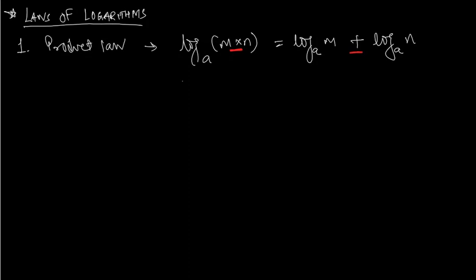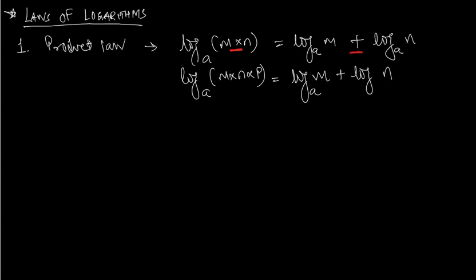So what if there were three numbers over here? So log of m into n into p to the base a. This will also get converted like this. Log of m to the base a plus log of n to the base a plus log of p to the base a.